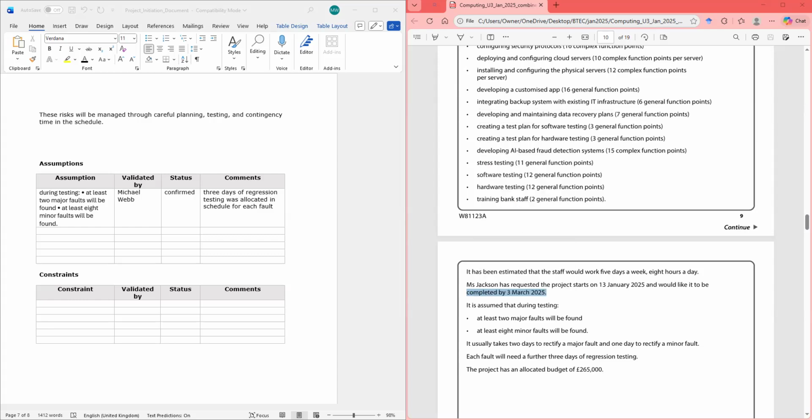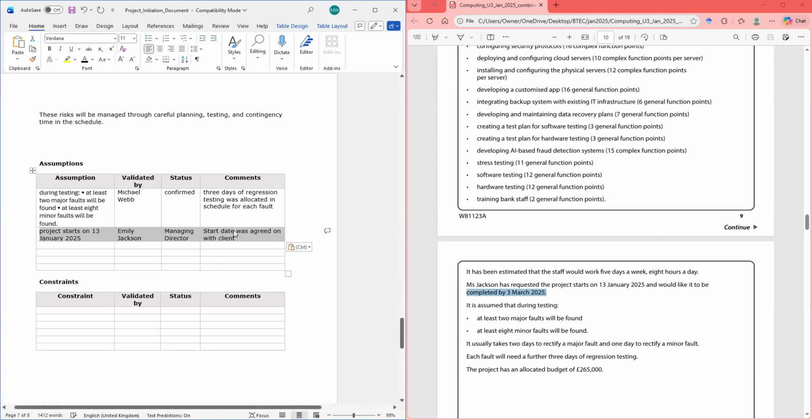So the project will be completed, or let's look at it this way. Let's look at the first one, because the project will start on the 13th, right? And the only person who can come up with that requirement would be Emily Jackson. Emily Jackson is the person who is responsible for it. And she's the managing director.